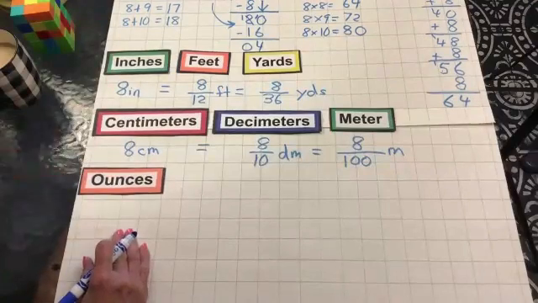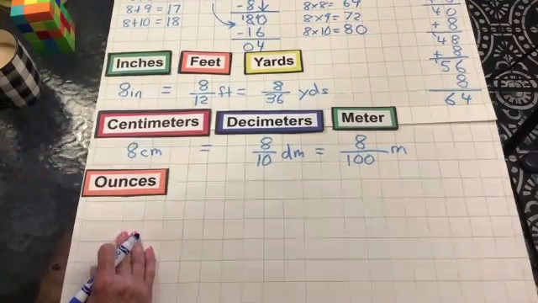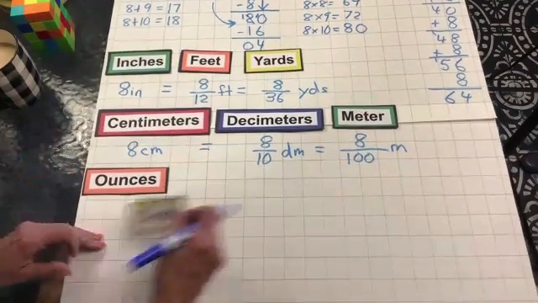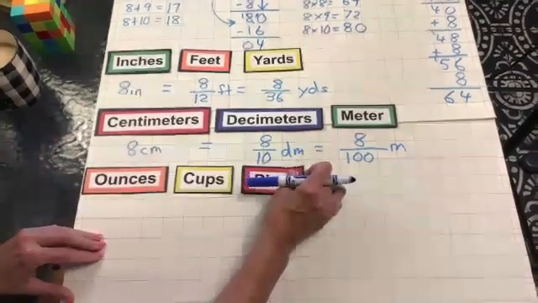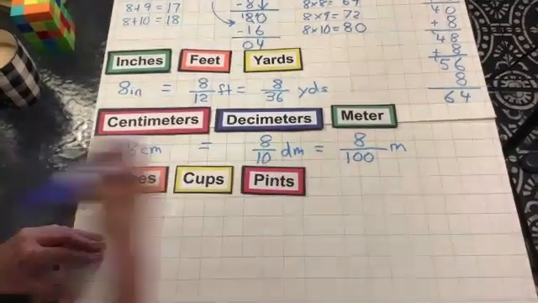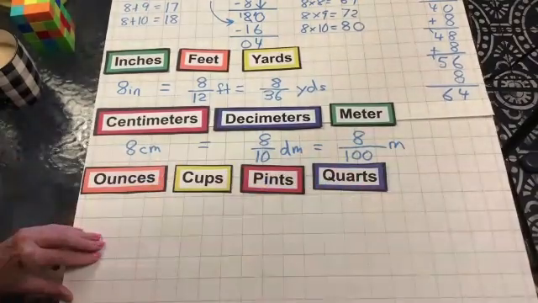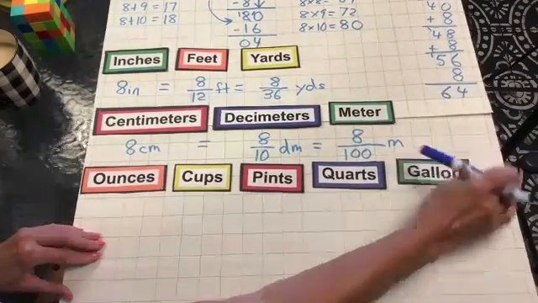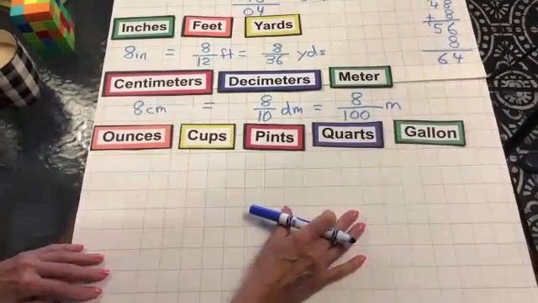Let's go for our liquid. And remember, inches are standard form, centimeters and decimeters and meters are metric. Now we're going to do the standard form of measurement in liquid, which is ounces, cups, pints, quarts, and gallons. So hopefully you can see that very well. I'm going to move this up a little bit so we can see it.